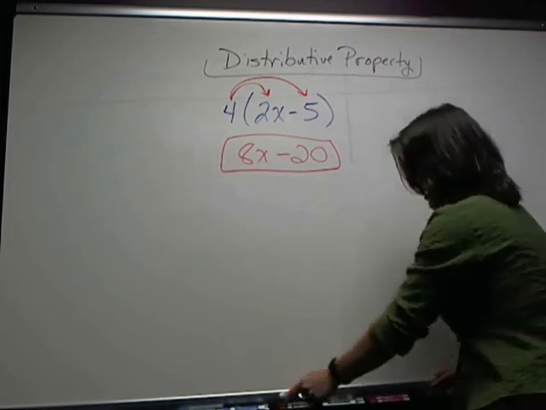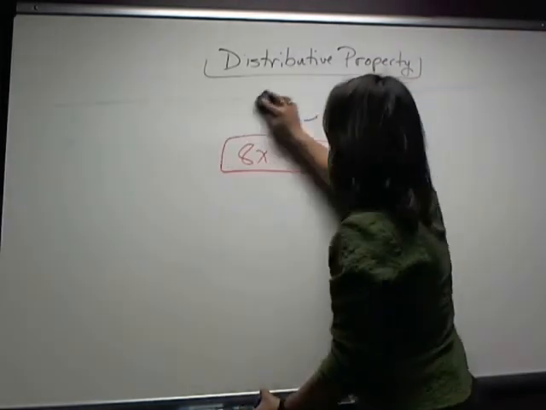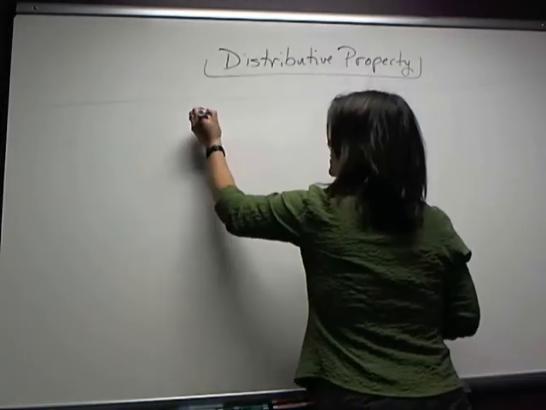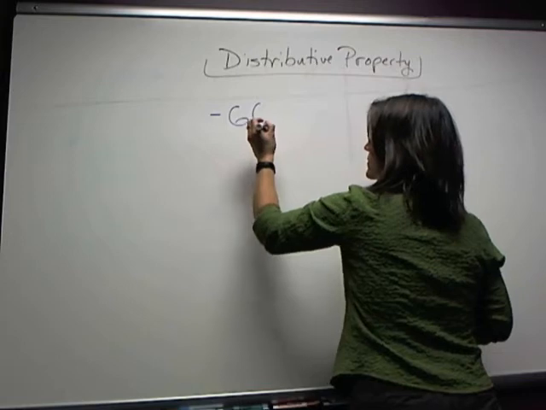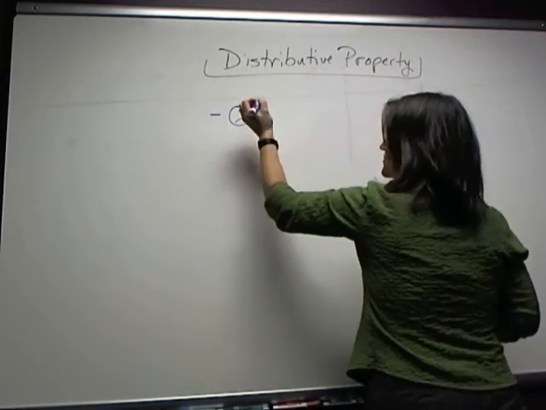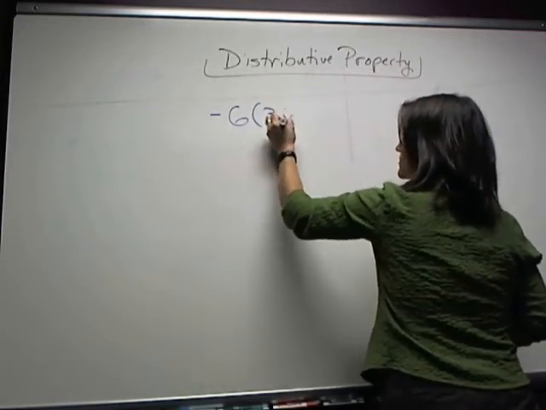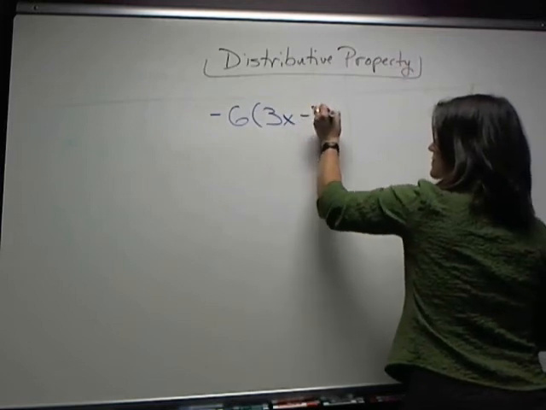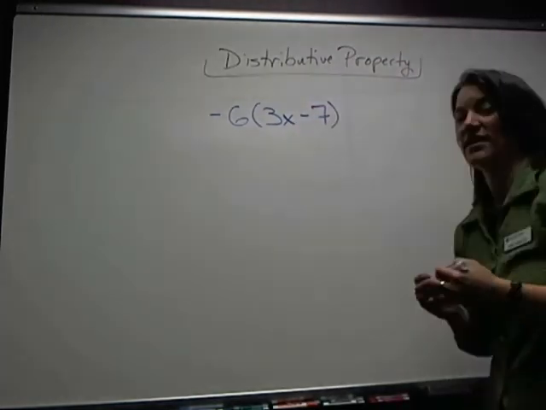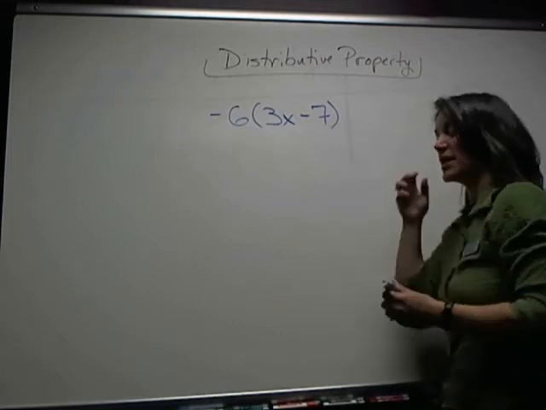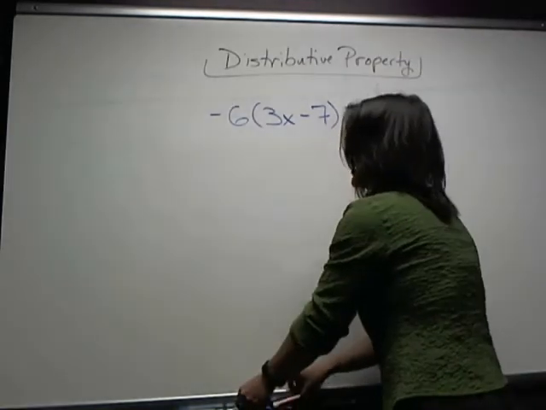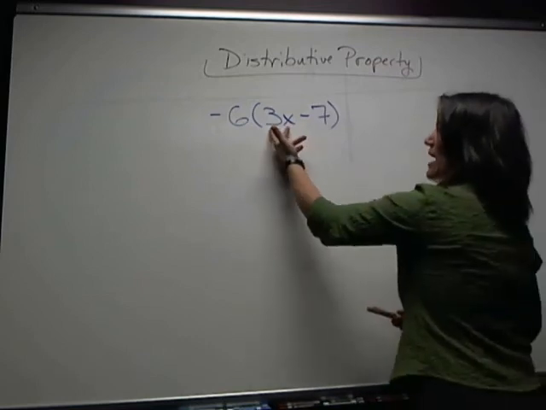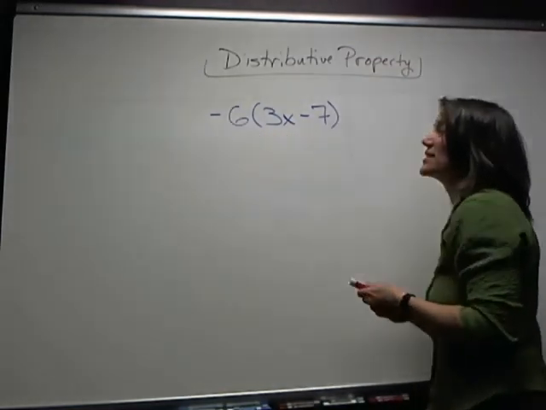Let's do one with a negative. Negative 6 times the quantity of 3x minus 7. Now we have to remember our rules of multiplication. So 3x is positive, the 6 is negative.